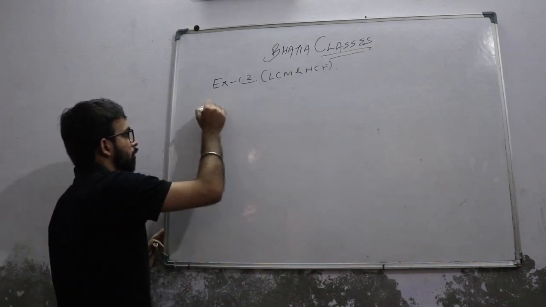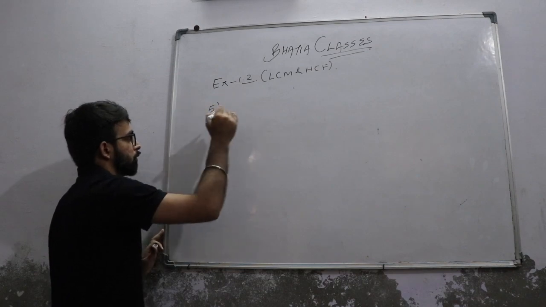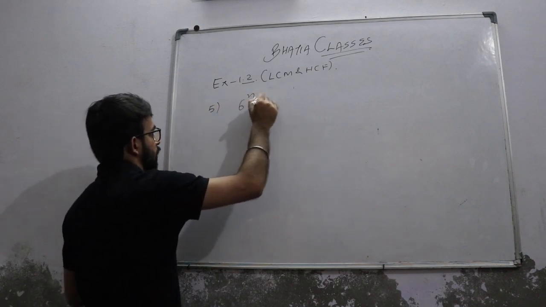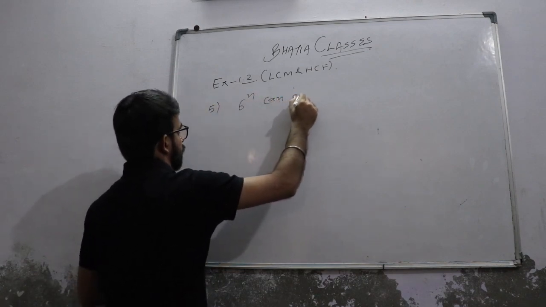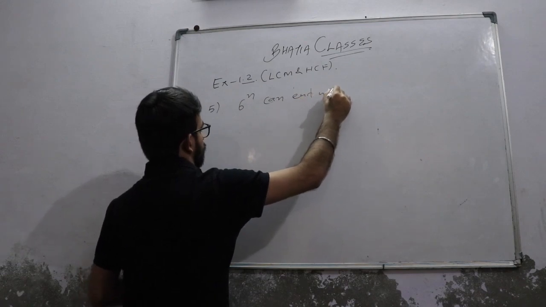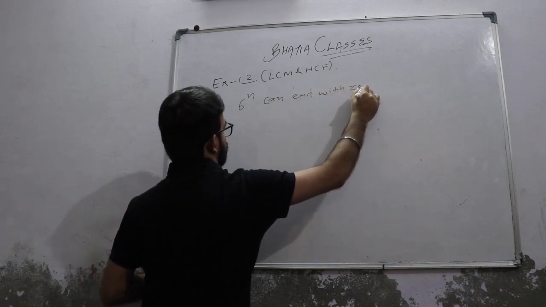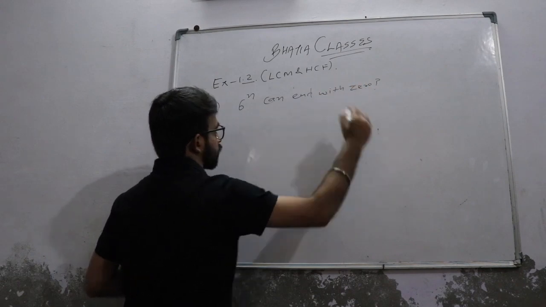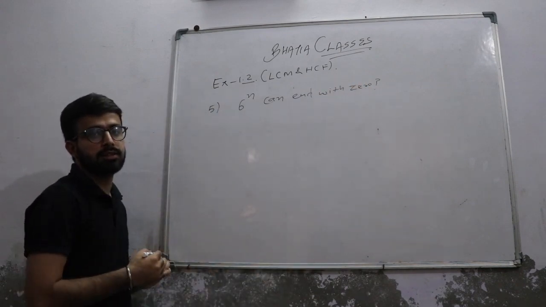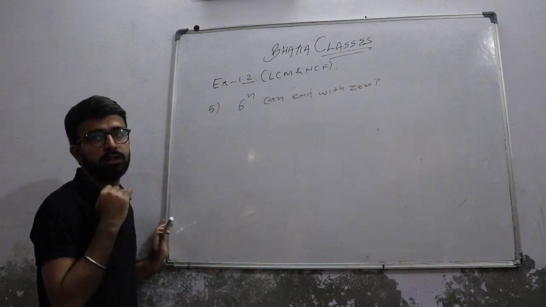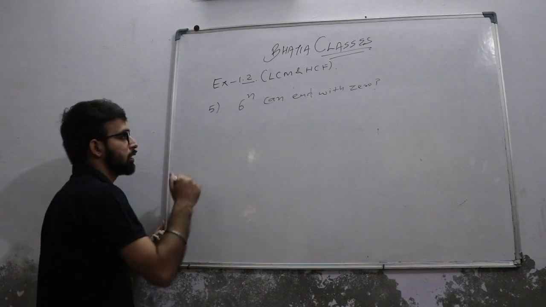Sum number 5. 6 raised to power n can end with 0. Most of the teachers avoid to do this sum, but I will tell you how to do this sum.